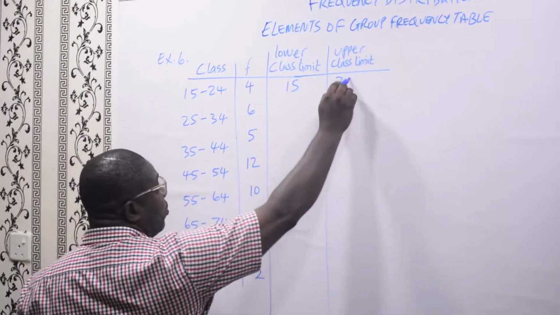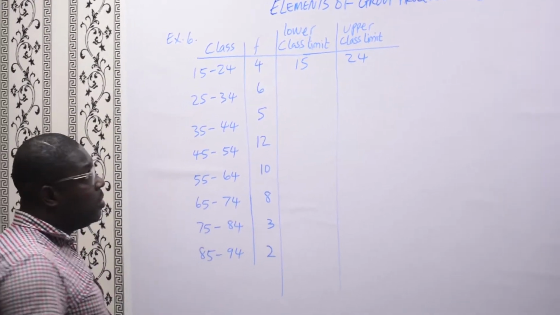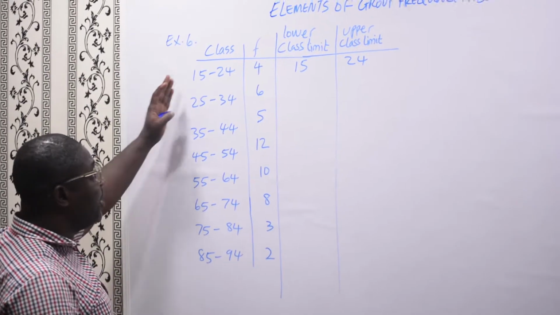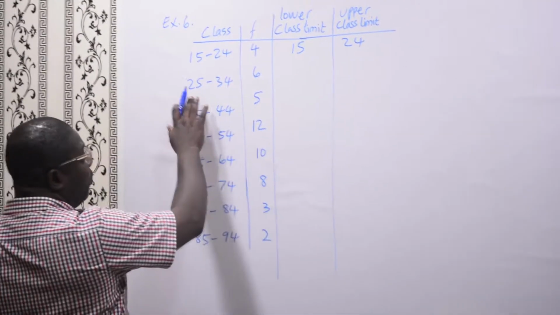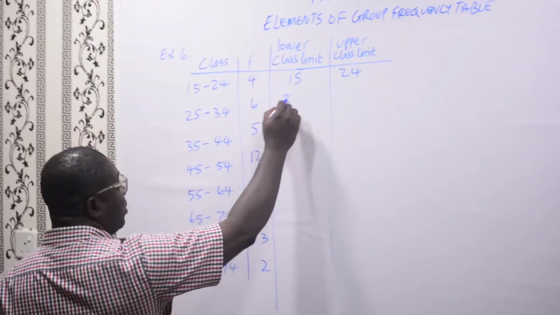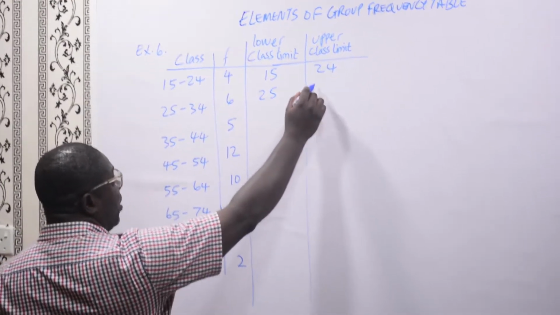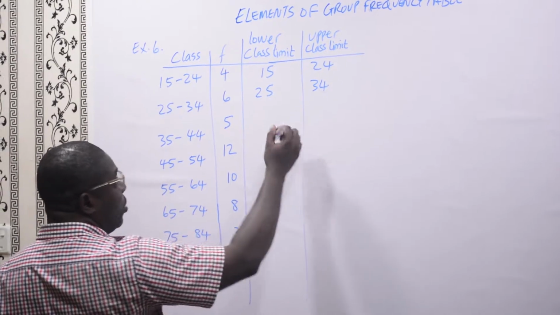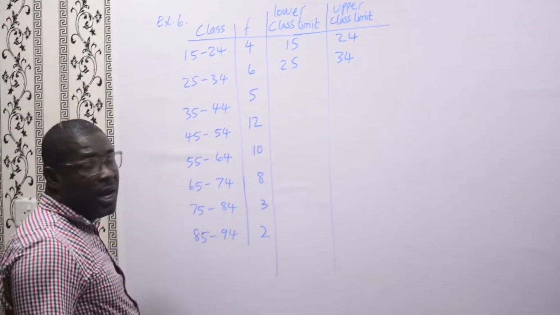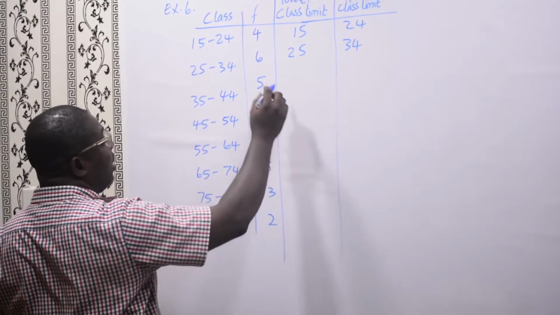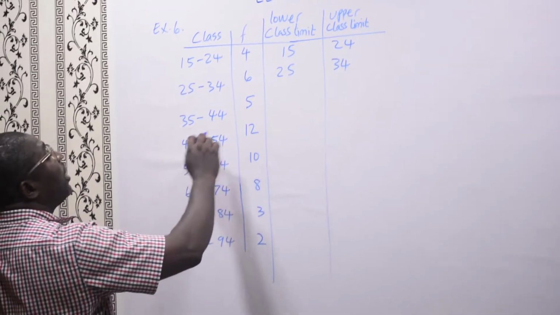For the first class, the lower class limit is 15, and the upper class limit is 24. That you need to know. For this one, the lower class limit is 25 and the upper class limit is 34. And then we can repeat this throughout each of the classes we're given.